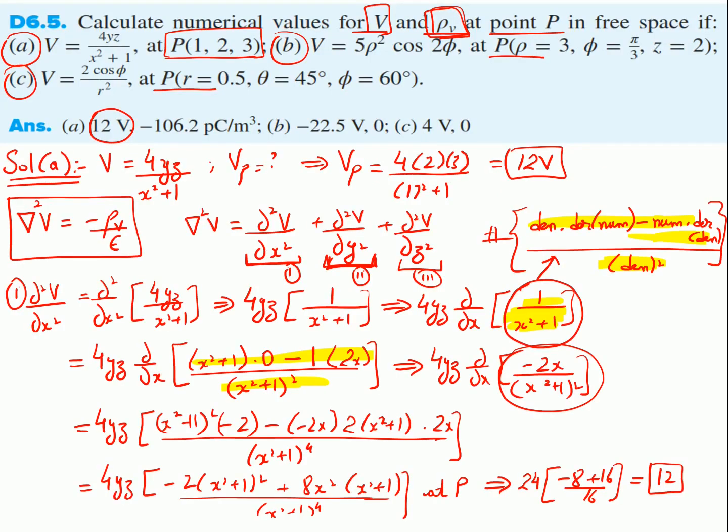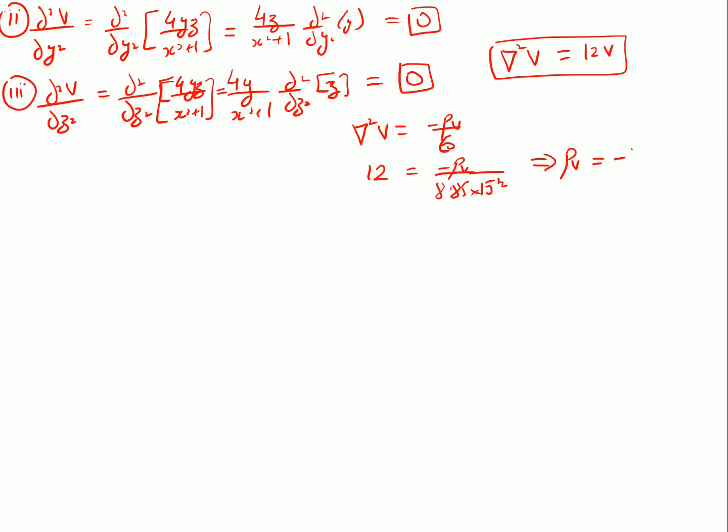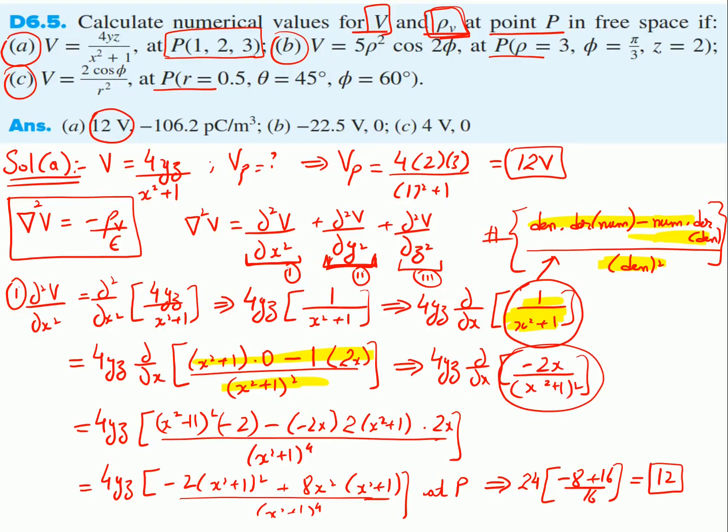So I'm getting the same answer, it's negative 106. So negative 106.28 into 10 raised to power minus 12 coulomb per meter cube. So this is what I am getting. Let us see if this is the answer or not. So it is negative 106.2 picocoulomb. Yes, it is 10 raised to power minus 12.